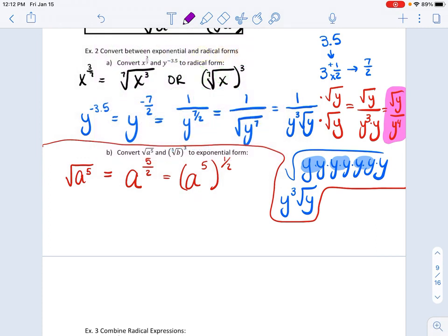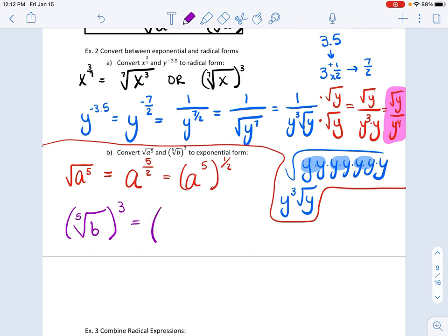And then we have also the 5th root of b cubed. Now we have power over root. Once again, the power could actually go inside, or it can stay outside. Either's fine.